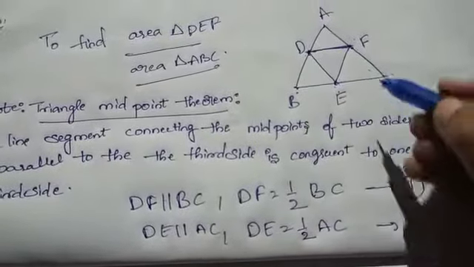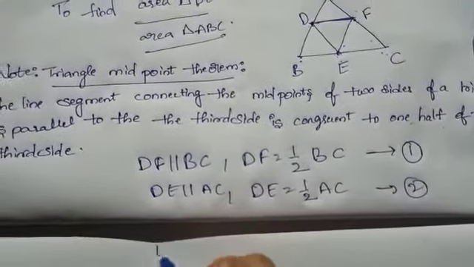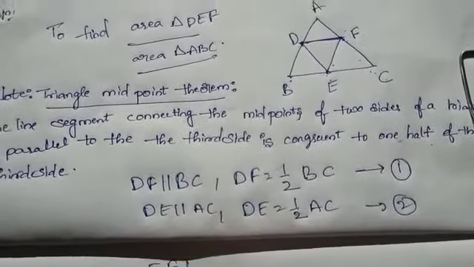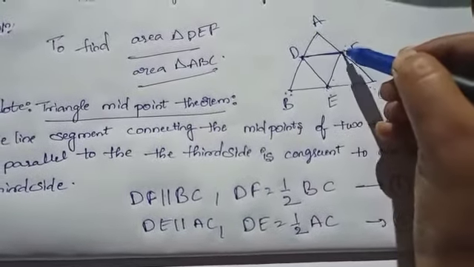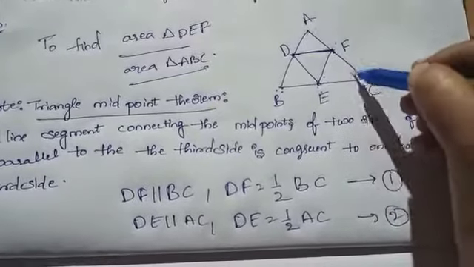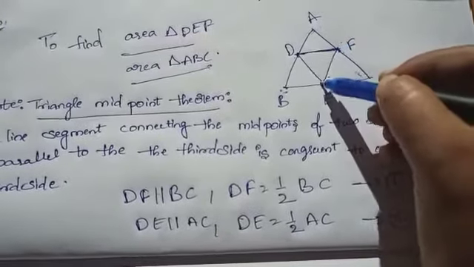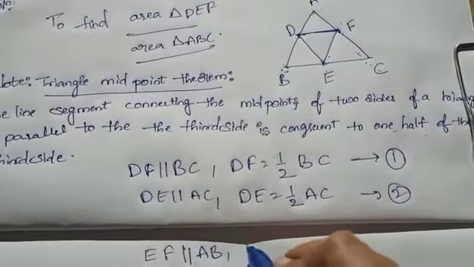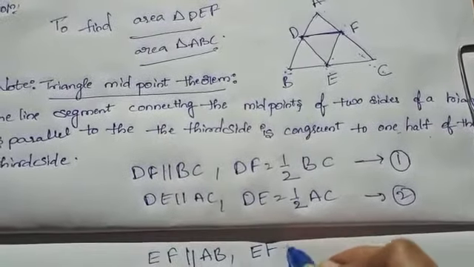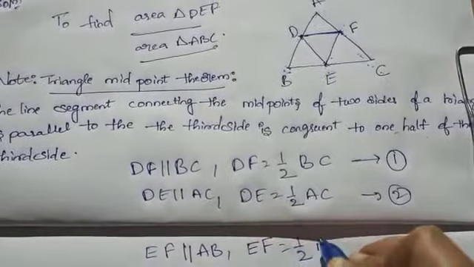In the same way, EF is connecting the midpoints of sides AC and BC. So EF is parallel to the third side AB and EF is equal to one half of the third side AB.